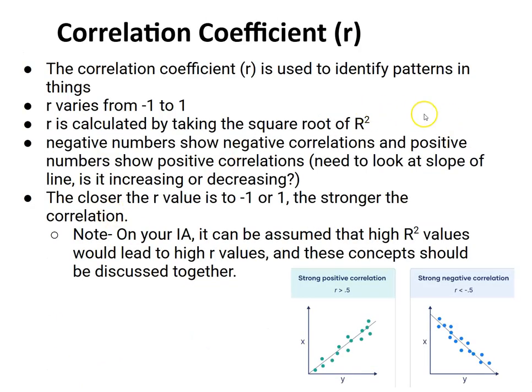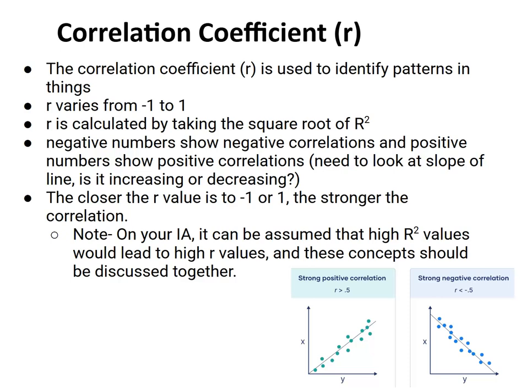R is going to be looking more for patterns in things. Remember, we are looking for, is there a correlation between whatever you've graphed on your X versus Y axis? Between your two variables, is there a correlation? And if there is, how strongly correlated are your two variables?